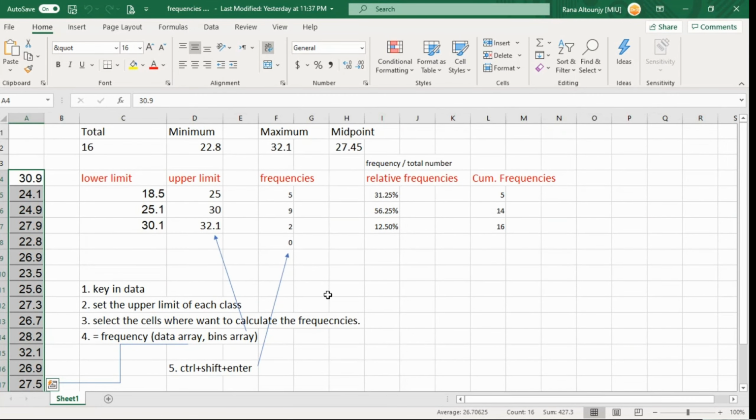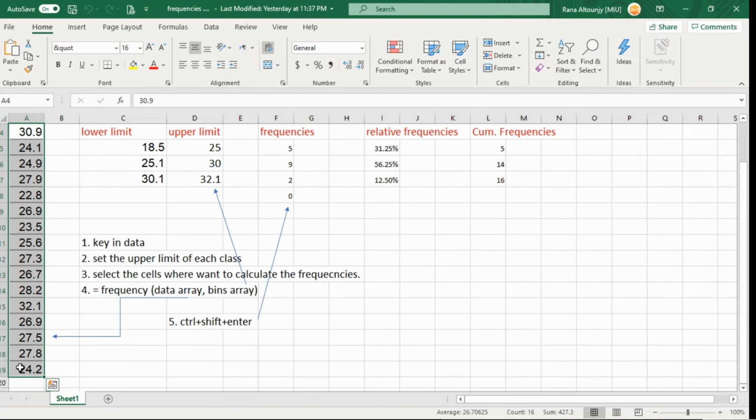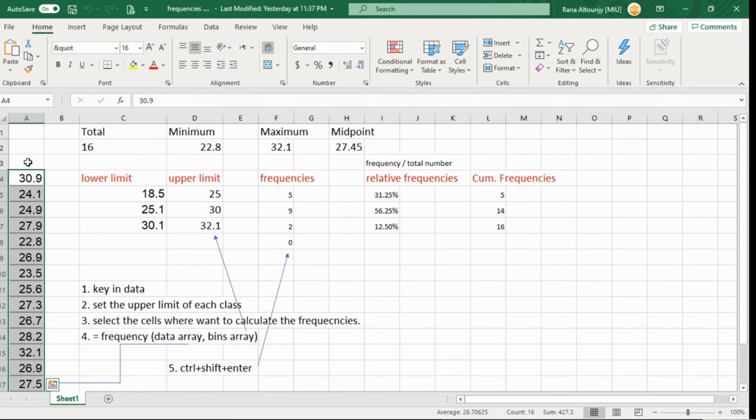When you want to calculate the frequencies, the relative frequencies, and the cumulative frequencies, we first need to calculate some important information, which we also discussed in class. First, we need to calculate the total. Do you know how to count the total of these responses using Excel?